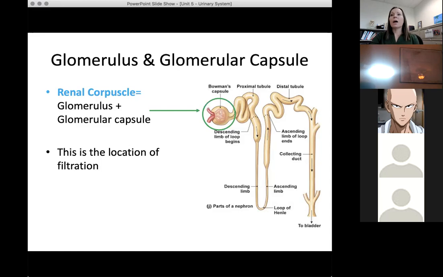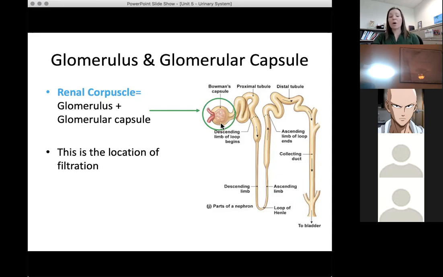You have a couple more details in your outline, like these capillaries have little holes in them. They're fenestrated, which means they have holes in them, which makes them very porous, which is good because that allows substances to leave the capillary and enter the glomerular capsule.